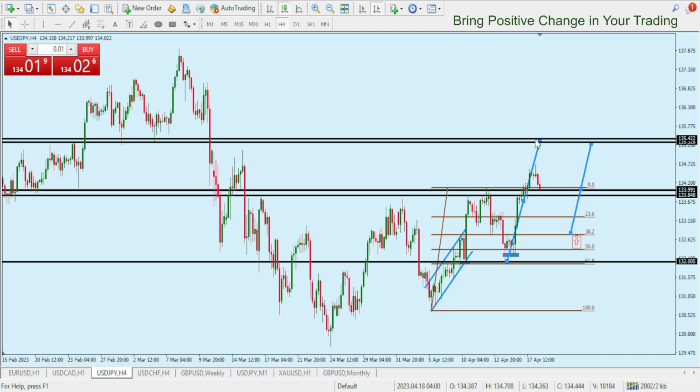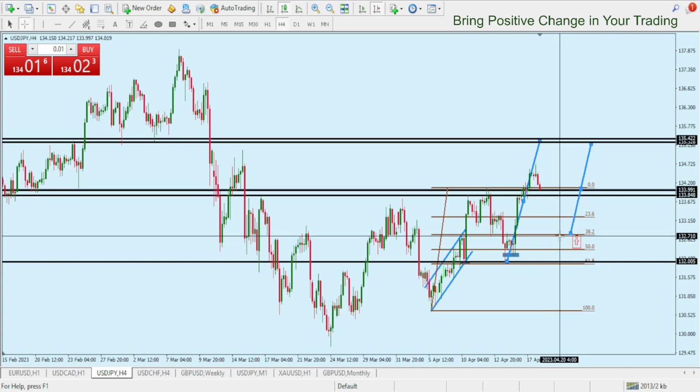See, a very, very simple strategy, a very nice one. Maybe there is one opportunity. Most traders will be taking buy trades right here on the basis of a retest, but personally for the buy trade I will be interested to take it from 132.74.